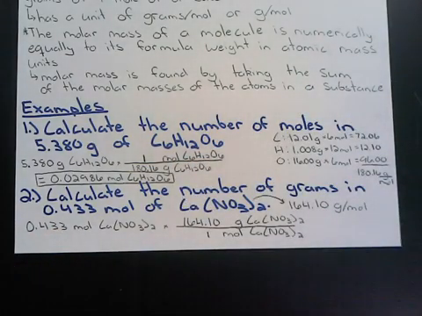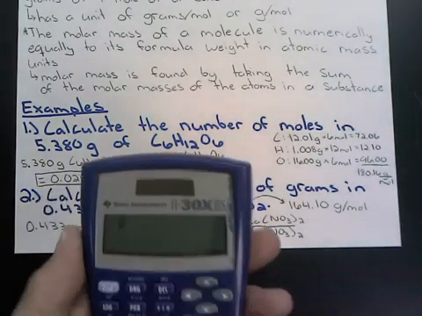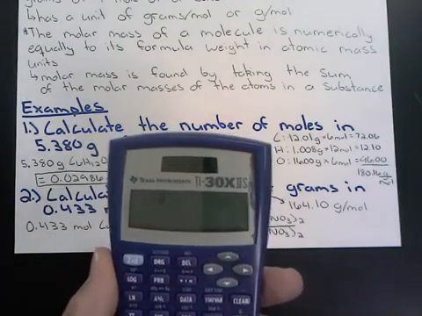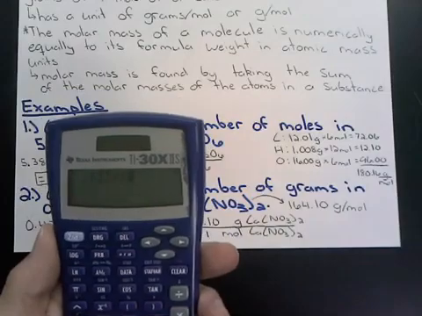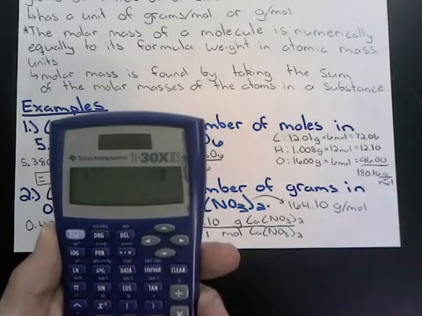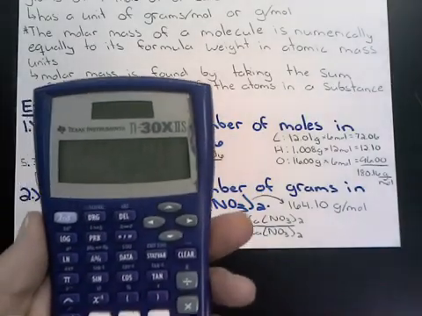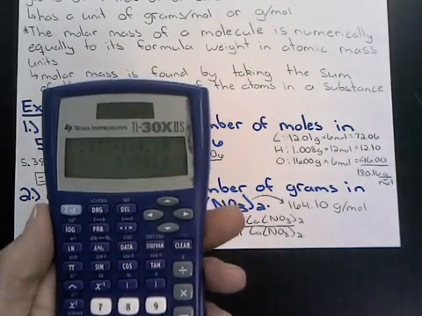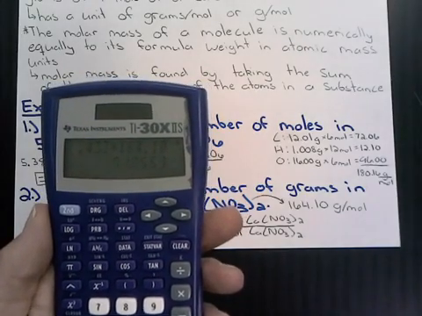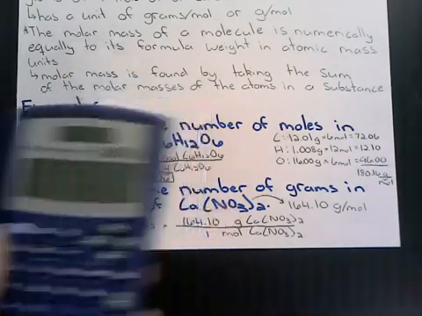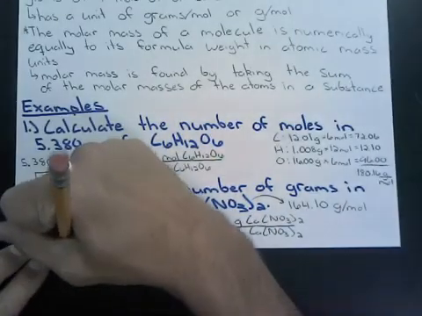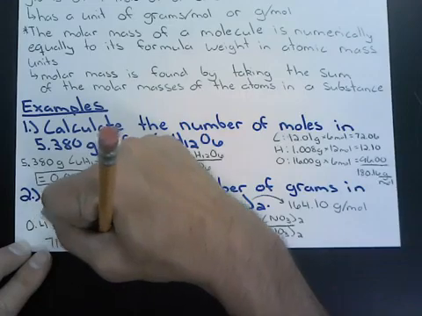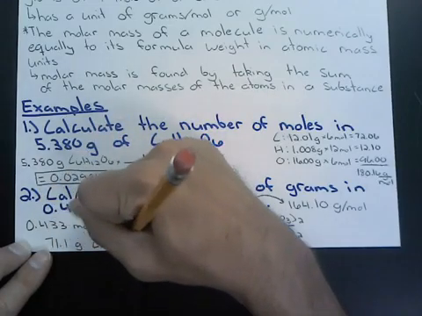All we need to do is take 0.433, which came from the number of moles given, and multiply by that molar mass of 164.10, and we press enter. Remember, we had 3 significant digits, so this would round to 71.1 grams of calcium nitrate.